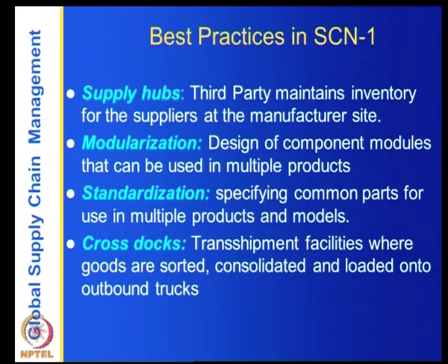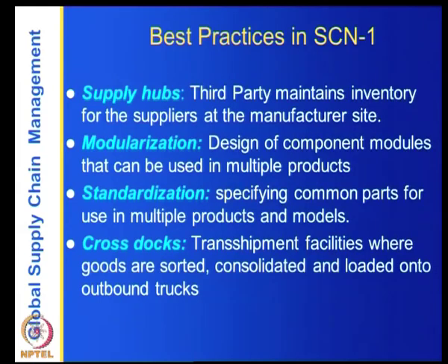Whatever is bound to US is put on the ships to US and so on. So, basically the transshipment facilities are the ones where the goods are sorted. There are several transshipment ports which have become famous: Dubai, Singapore, Hong Kong and so on. So, these are called cross dockings.